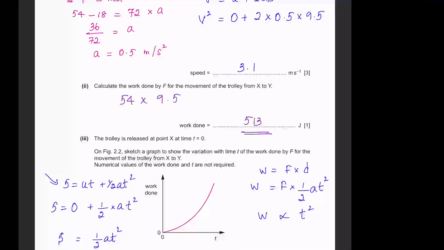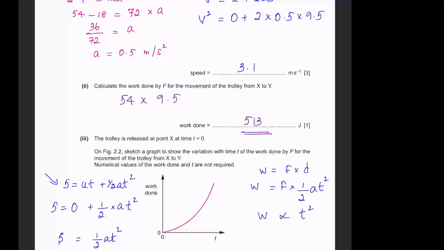My dear students, listen to me. If I say the total resistive force, there are two components. One is the friction between the two surfaces, the trolley and the slope.